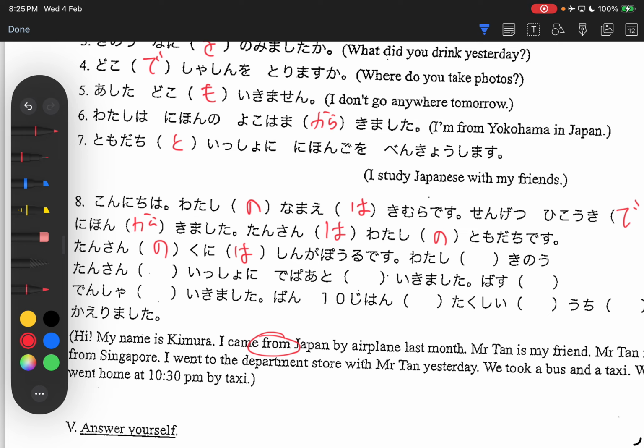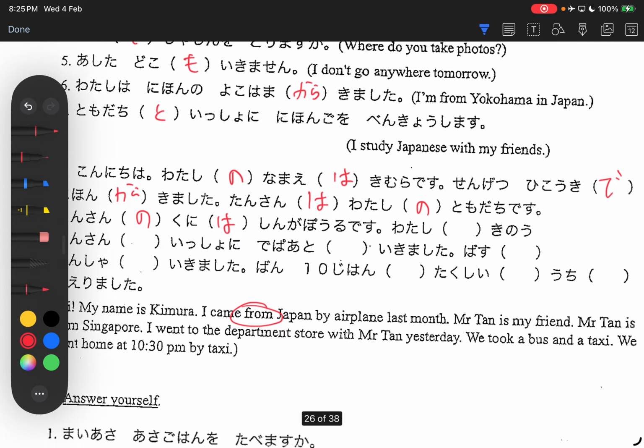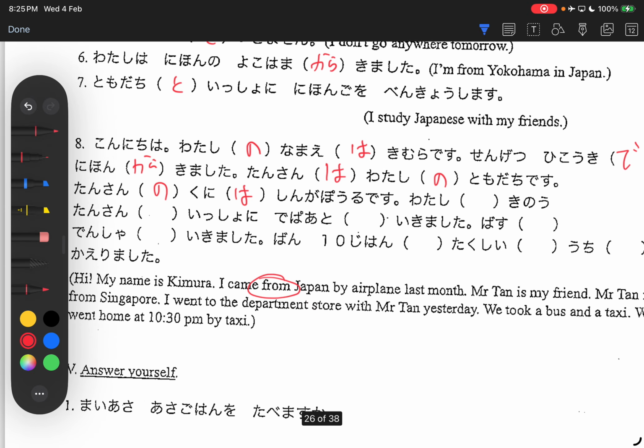What he means here is the country of Tan is Singapore. If we swap the two positions around, it becomes Tan-san wa kuni no Singapore, Tan-san is Singapore of country, doesn't make any sense. So it has to be Tan-san no kuni wa Singapore desu.